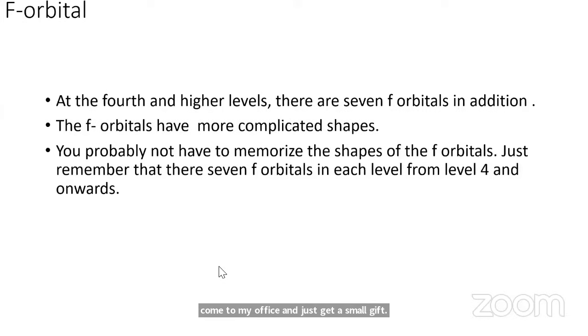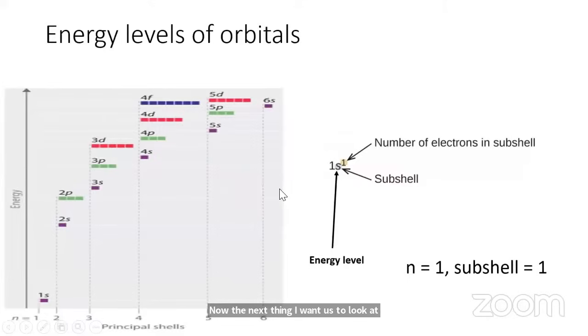Now we understand what we mean when we say energy level and orbital. At least we can differentiate that. Now, the next thing I want us to look at is the energy levels of orbitals.